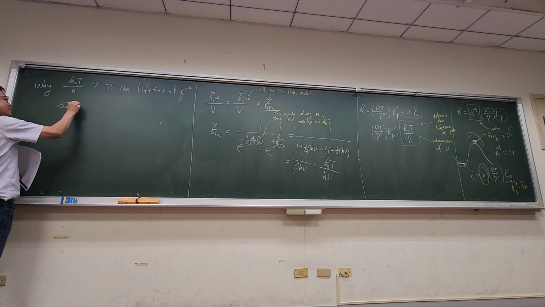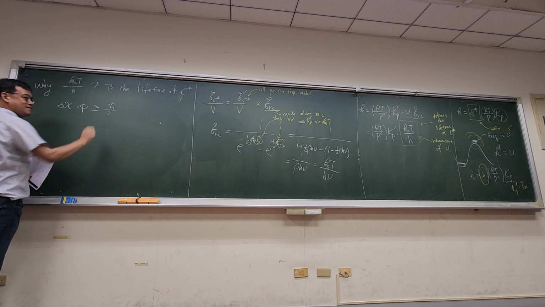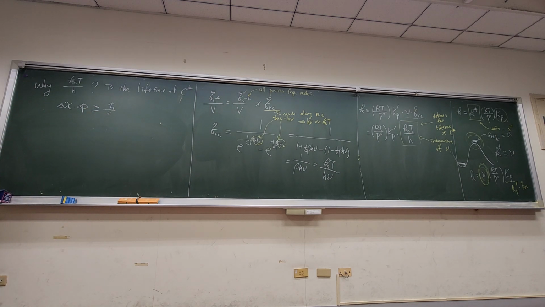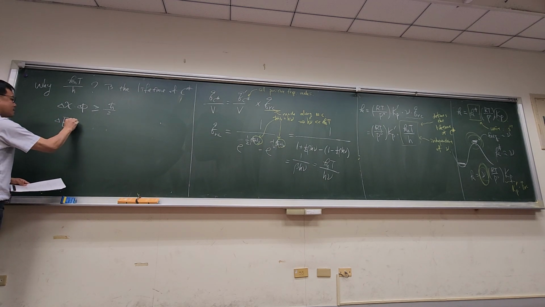The uncertainty principle says that delta x and delta p. But there's another form of the uncertainty principle. This is in terms of uncertainty in position and momentum. You can write the uncertainty principle in terms of uncertainty in energy and lifetime. So the uncertainty principle can be translated into delta E times delta t.